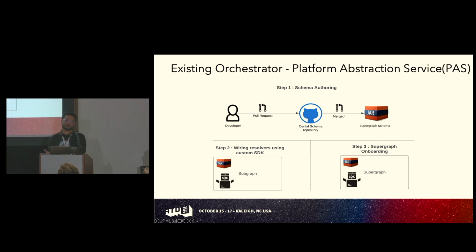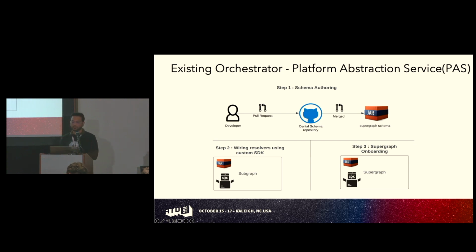Then the jar gets introduced into the microservice or the Spring app that you have. At that point, you can wire the resolver that Lucy was showing in the microservice and be ready for creating GraphQL APIs. Then you need to take the same schema jar and the SDK in the supergraph as well, and then the supergraph will be able to serve the updated schema.